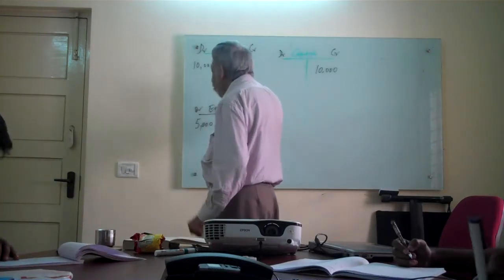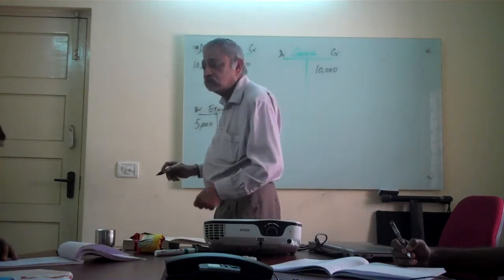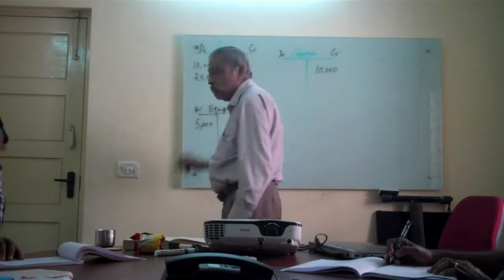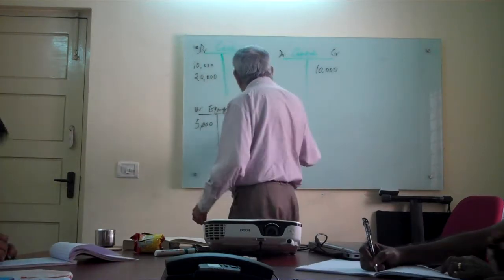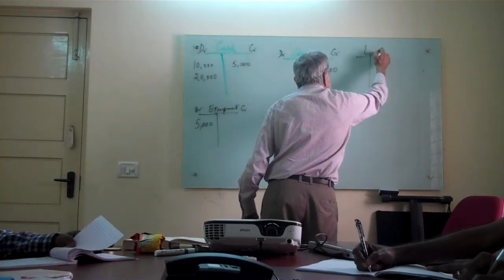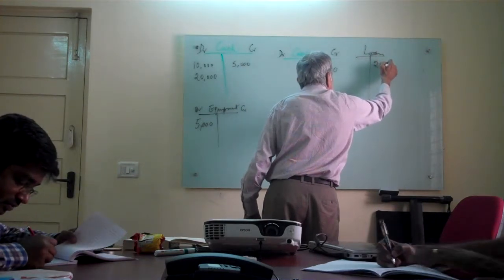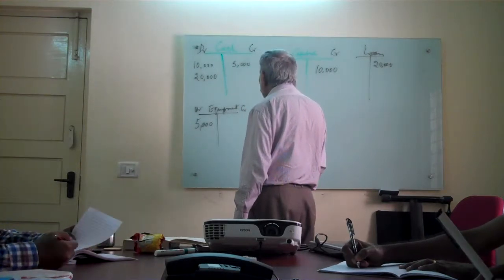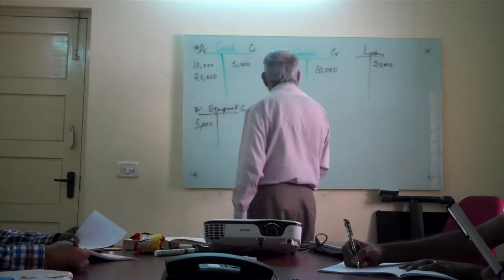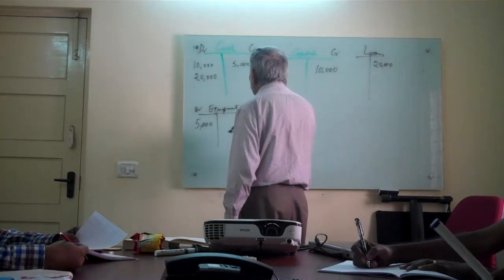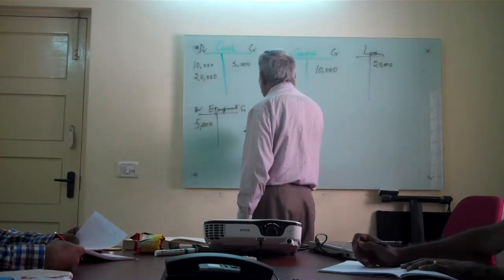Cash on the left side, debit side, inflow, 20,000. Loan account on the right side, 20,000. And then cash outflow on the right side, 25,000, because we are buying the lathe for 25,000.